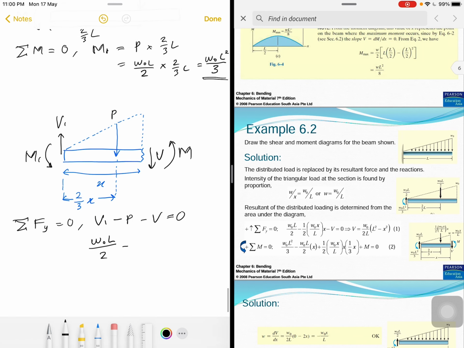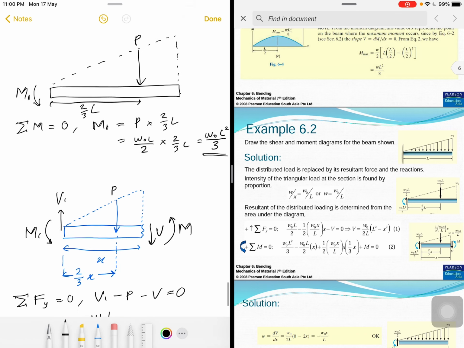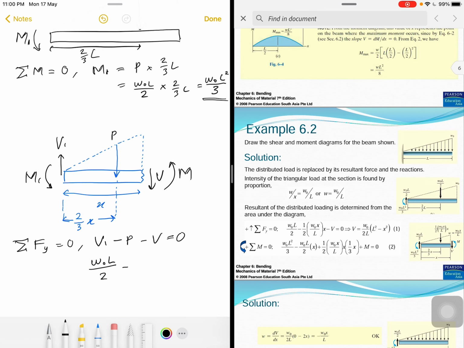and P is, the value of P is similar. But when we do this, it will be cancelled out.